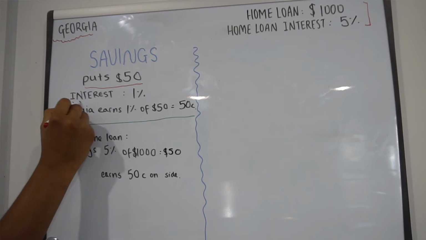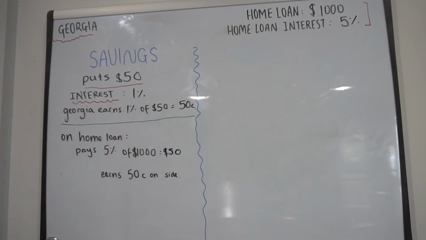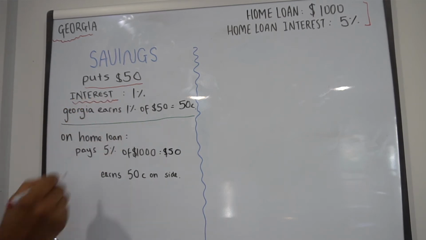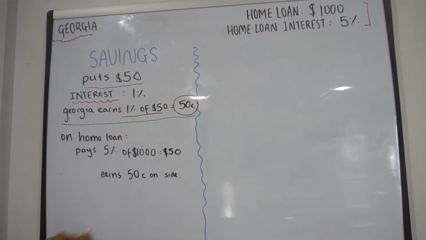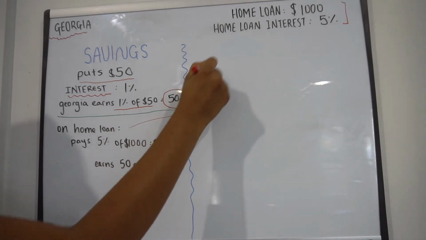Now, let's say the interest rate on the savings account is 1% of the amount. So, Georgia will be earning 1% of $50, which is 50 cents. So, the bank has paid her 50 cents. If you're confused about any of this, please take the time to rewatch the previous videos on current and savings accounts. Now, remember the home loan we took?